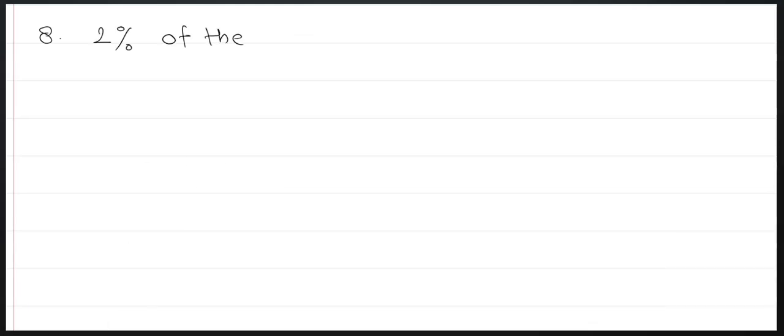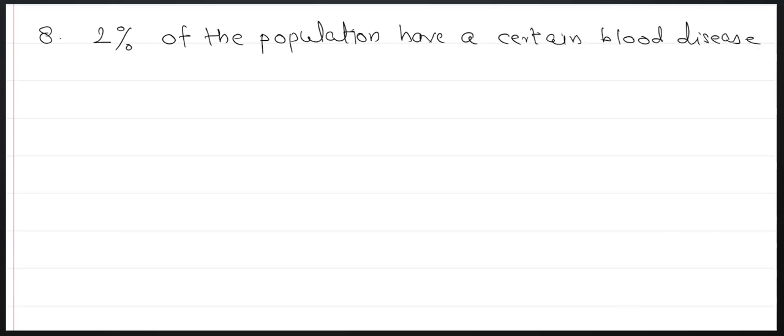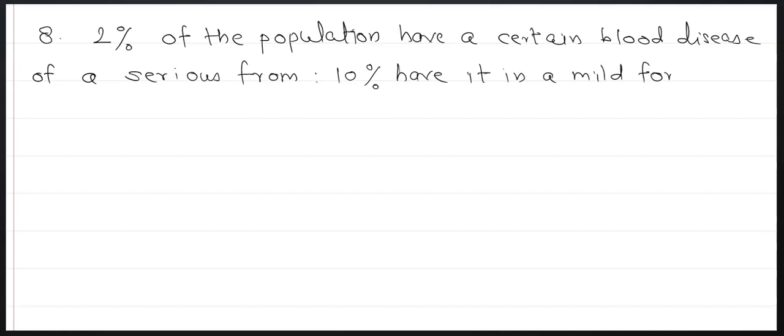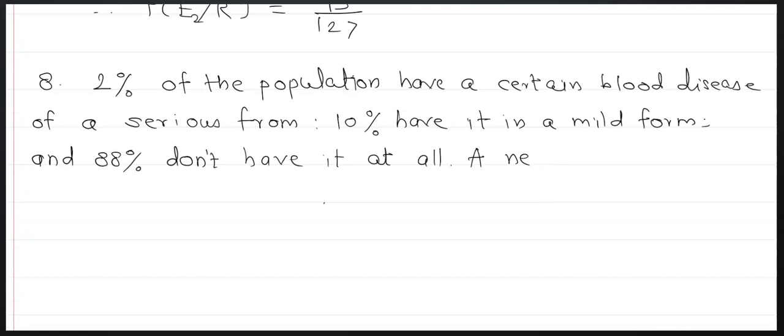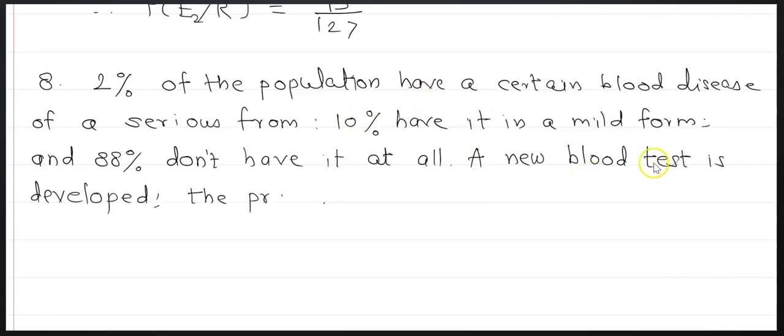Now the next problem, number 8. 2% of the population have a certain blood disease in a serious form, 10% have it in a mild form, and 88% do not have it at all. A new blood test is developed.